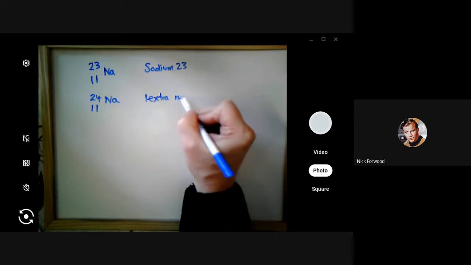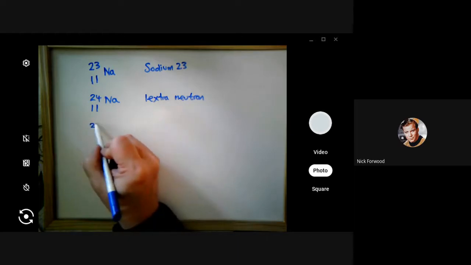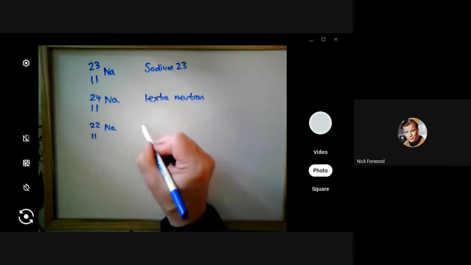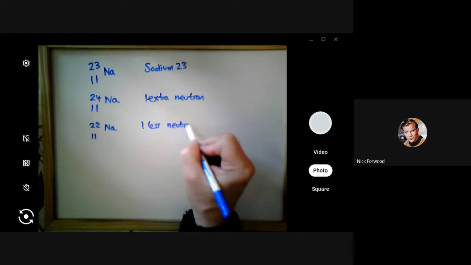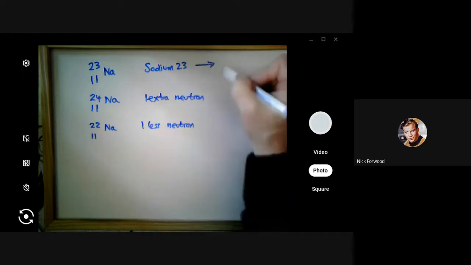And sodium 24 has one extra neutron. It might be possible to have a different type of sodium called sodium 22. And that has one less neutron than the most common type of sodium. So this is the most common type.